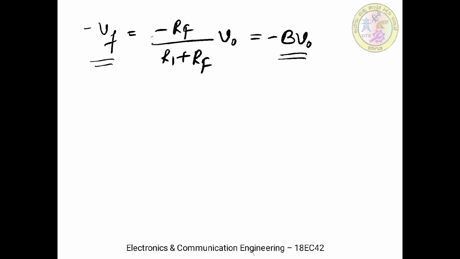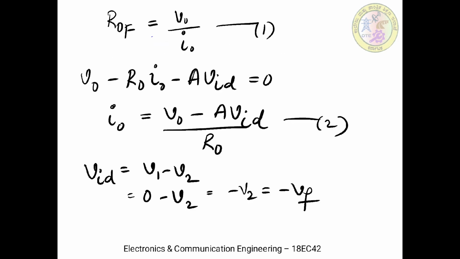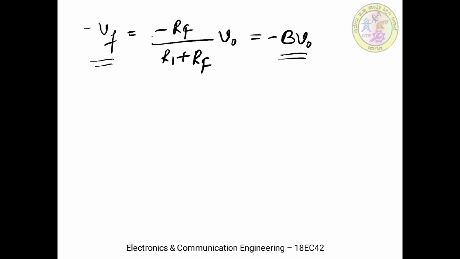Now we go back to the I0 equation, and substitute what VID is. VID is nothing but minus VF, which is minus B into V0.